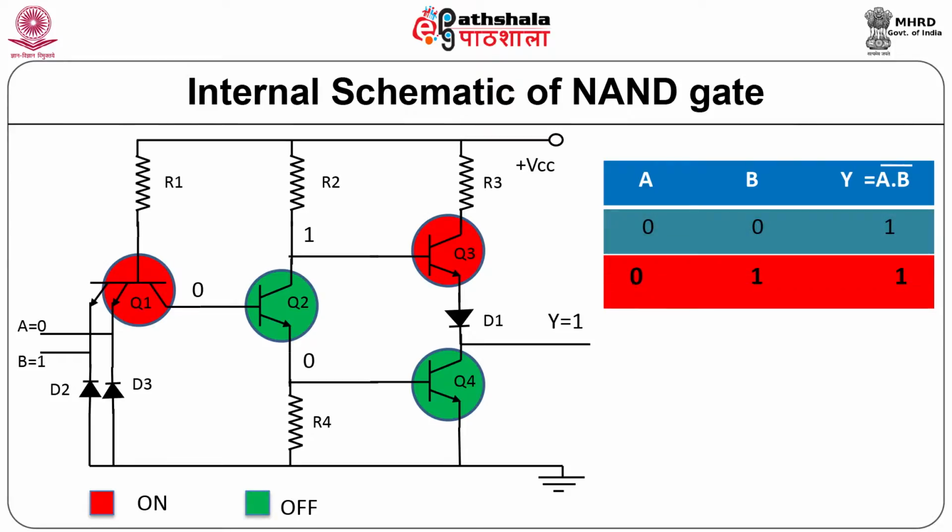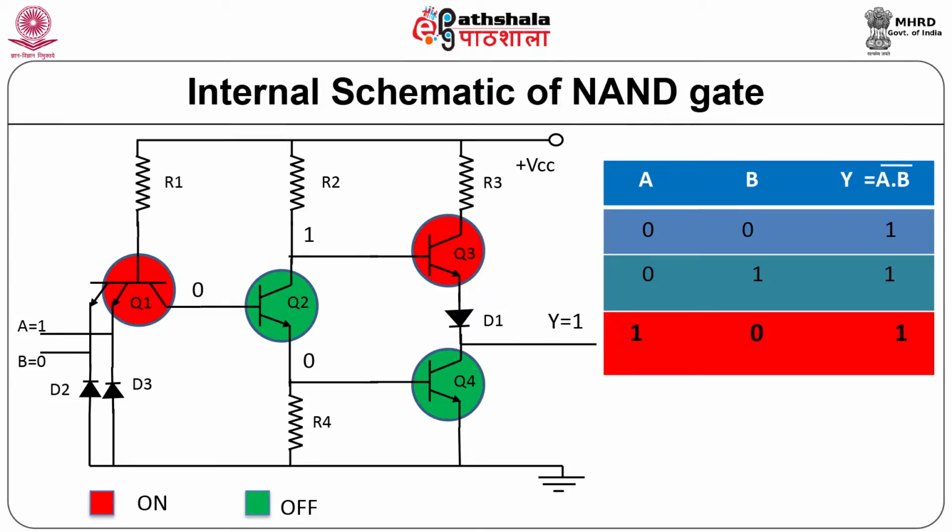If you change the inputs, that is input A is logic 0 and input B is logic 1, then again transistor Q1 is on, Q2 is off, which splits the phase into logic 1 at the collector and logic 0 at the emitter, and transistor Q3 will be on while Q4 will be off, and hence the output is logic 1.